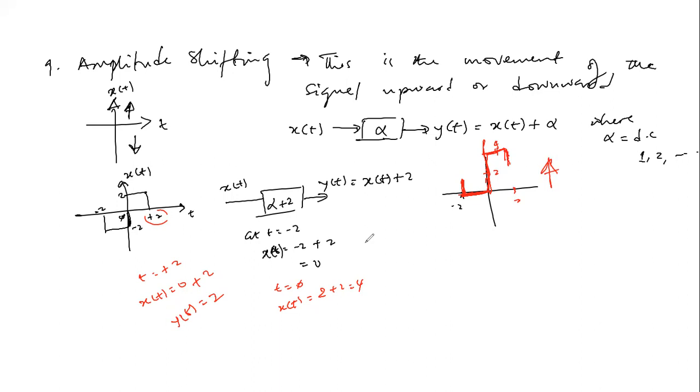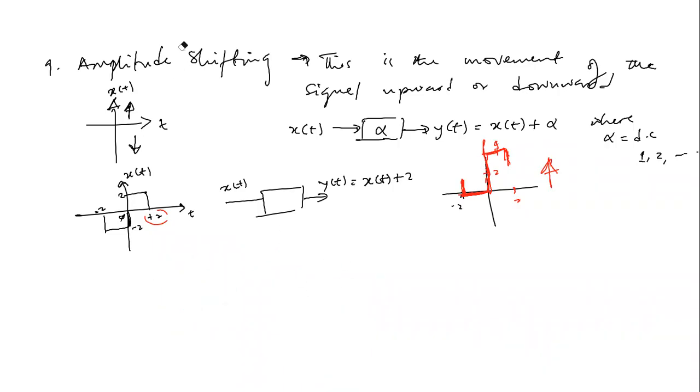Now, what happens if the parameter is negative? Let's assume alpha is equal to -2, right? So here we're going to get something like this.